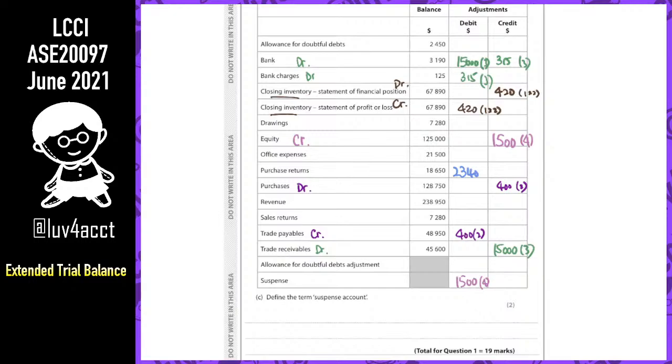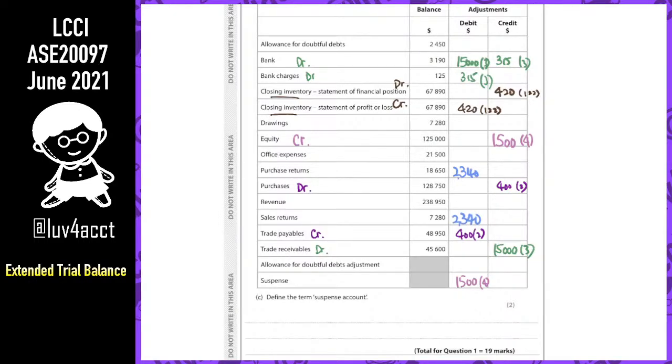Okay, debit purchase returns. Because it is incorrectly credited, you correct it by debiting it instead. Then we go back to sales returns, 2340. Put back the correct entry.